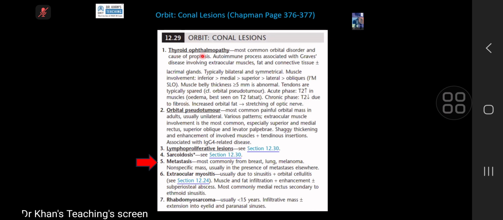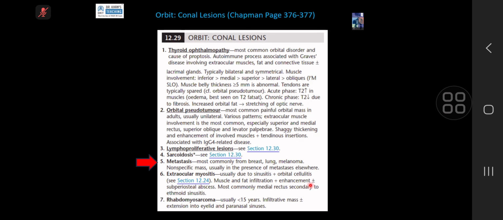And by the way, thyroid associated orbitopathy typically has bilateral symmetrical muscle involvement, inferior rectus, then medial rectus, then superior rectus, then lateral. But metastasis is there. Sarcoidosis and lymphoproliferative will always be, but most commonly from breast. And this patient was, of course, a breast CA.